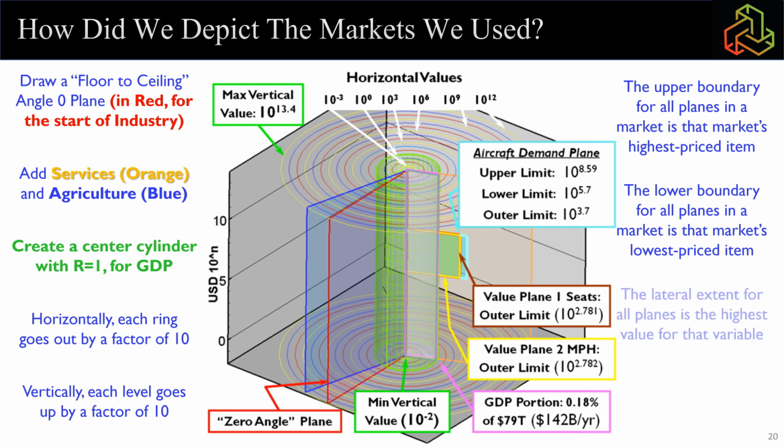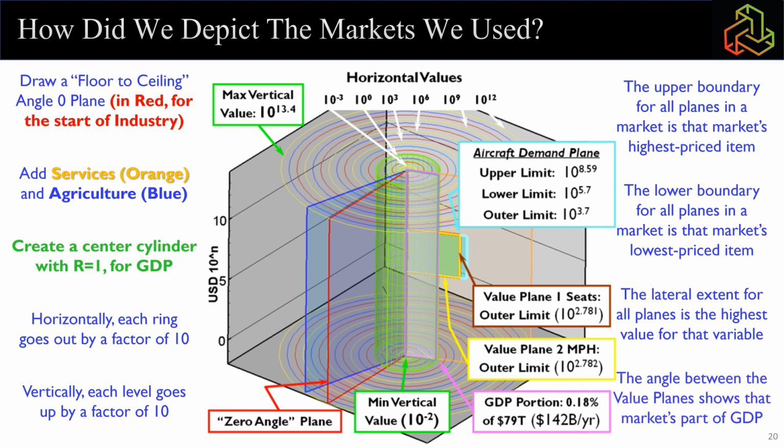And what we're also saying is that the upper boundary of each card, for example, the card there for aircraft, the upper boundary is about 300 million this time for the Airbus A380. The lower boundary might be something like a Piper Cub, down around 100,000. The outer extent of the card for demand represents how much was sold in a year.